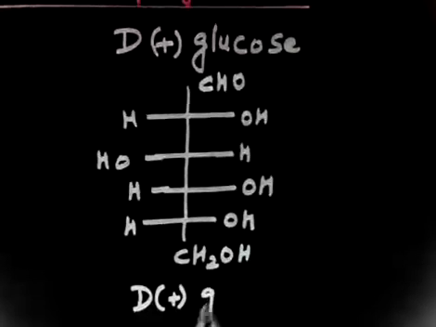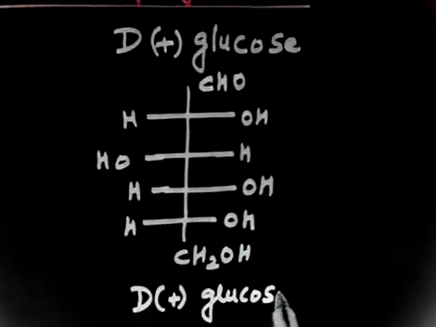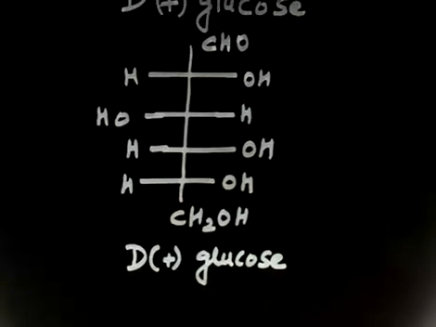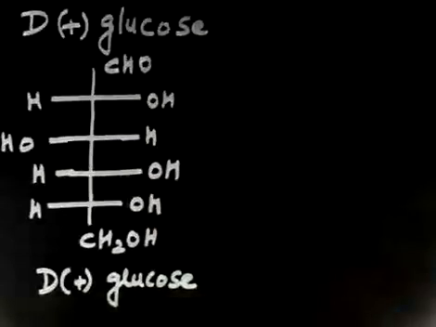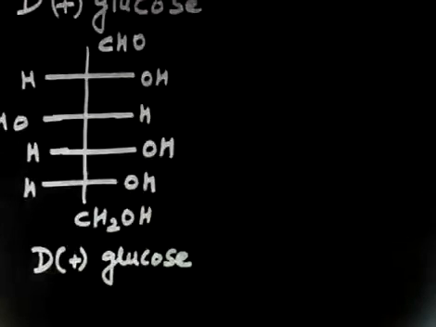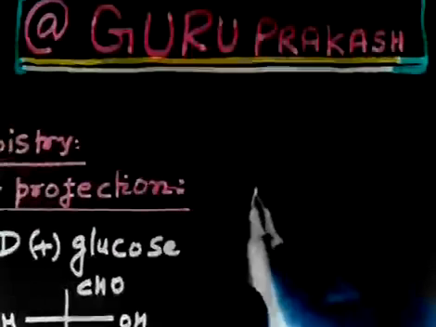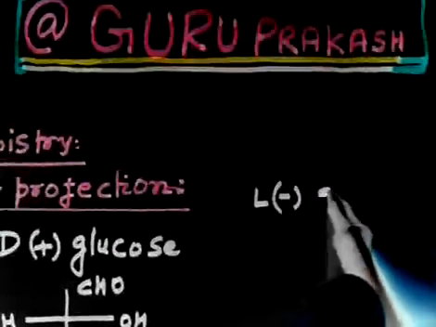Another question says, write down the Fischer projection formula of L minus glucose. That is an easy one.